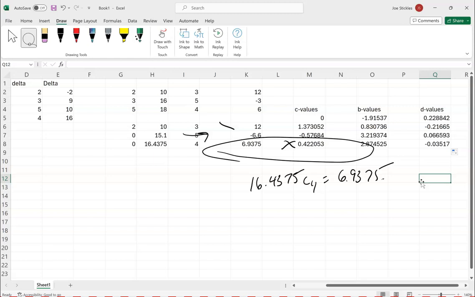Yeah? Can you go back to the first value? Yeah. Yep. Okay. All right. So let's see what this actually ends up looking like.